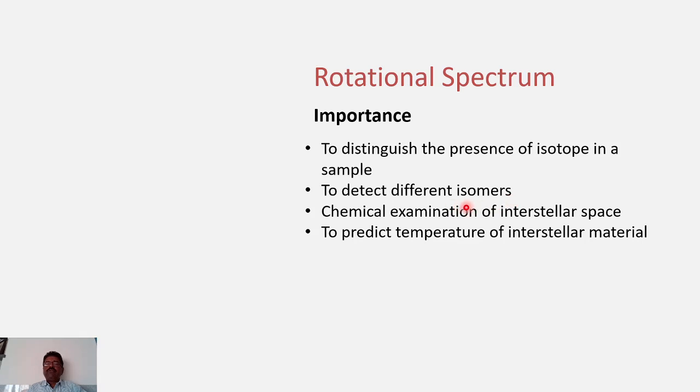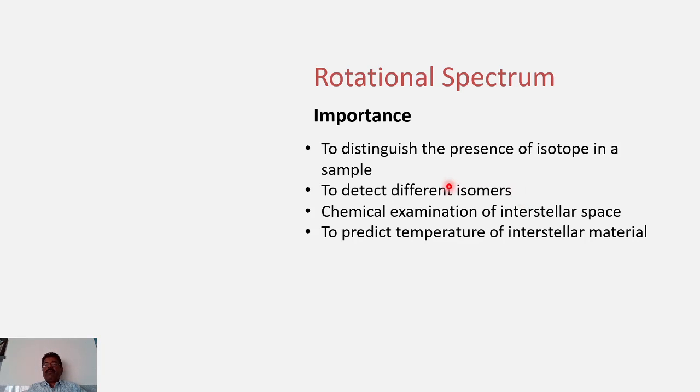In chemistry, you might have studied isomers. You know, the same molecular formula but different structure. They are called isomers. So you can detect the isomers. How? Because the rotational energies are dependent upon moment of inertia.